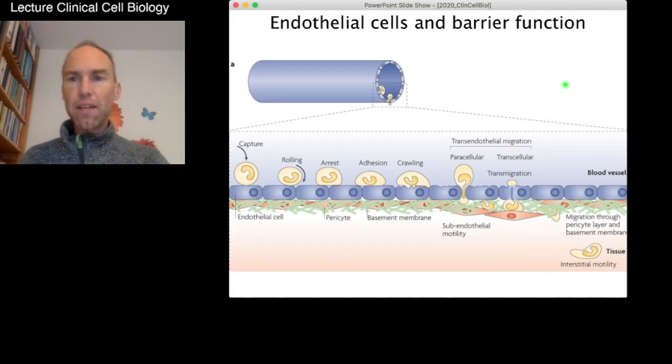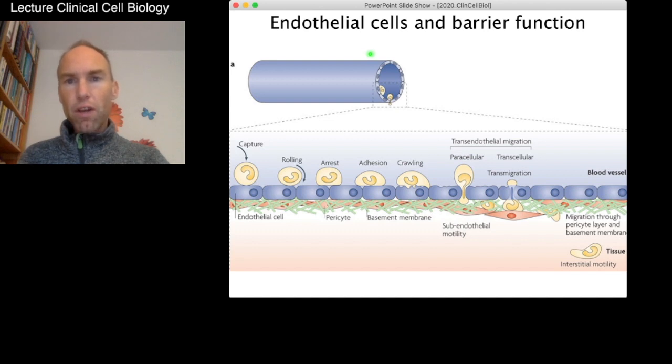Before I explain how we study how G protein coupled receptor activation affects cellular morphology, I want to introduce you to this nice biological system. It deals with blood vessels and the cells that line those blood vessels. This topic is also heavily studied by Jaap van Buul, who will give a lecture also in this series of clinical cell biology.